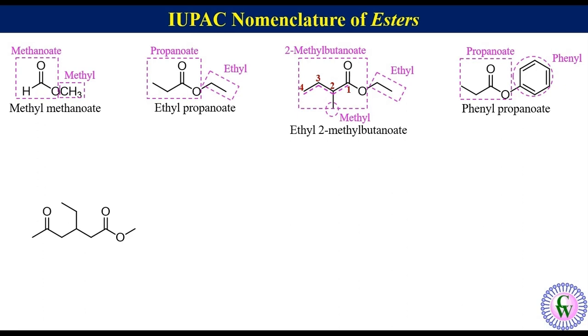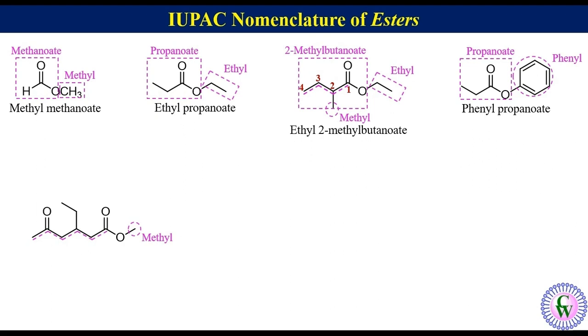In this example, R' is methyl. There are both ester and keto groups in the carboxylate part. The ester group has priority over keto. So the keto group will be treated as a substituent called oxo. This is the parent chain containing 6 carbon atoms.